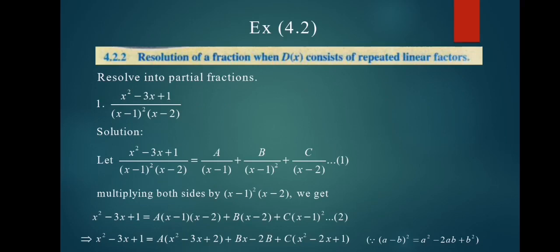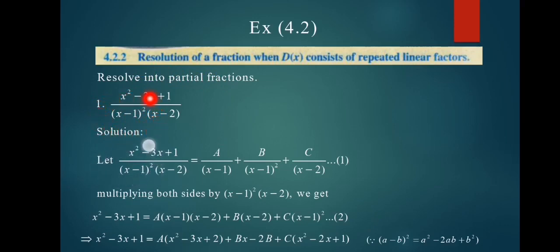So, exercise number 4.2, resolution of a fraction when D of x, meaning the denominator, consists of repeated linear factors. Resolve into partial fractions. You can easily observe over here that it's x square minus 3x plus 1 divided by x minus 1 whole square. This x minus 1 whole square is the linear but repeated one.